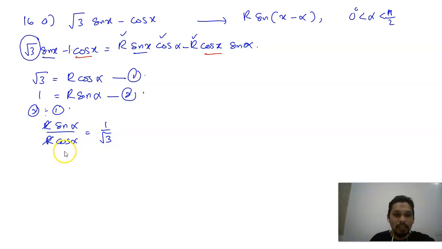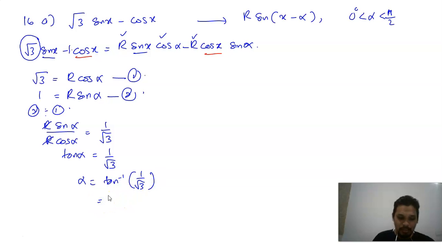Sine over cos is tangent alpha equals 1 over square root of 3, then alpha equals arctangent of 1 divided by square root of 3. Now let's find out arctangent of 1 divided by square root of 3, which equals 30 degrees.